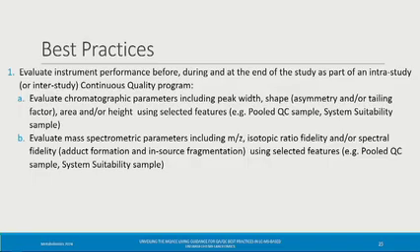It will also evaluate the mass spectrometric parameters, including m/z, the isotopic ratio fidelity, and or the spectral fidelity, that's the adduct formation and in-source fragmentation, using selected features, again, from the pool QC or system suitability samples.